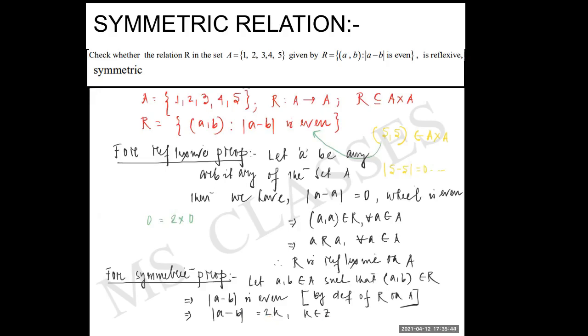Now this means a minus b equals plus or minus 2k, where k belongs to Z.